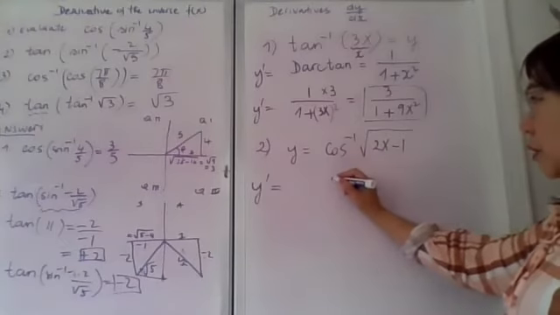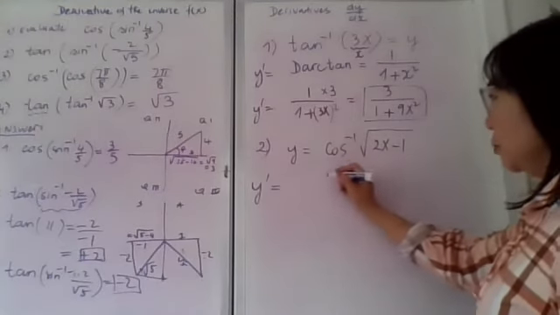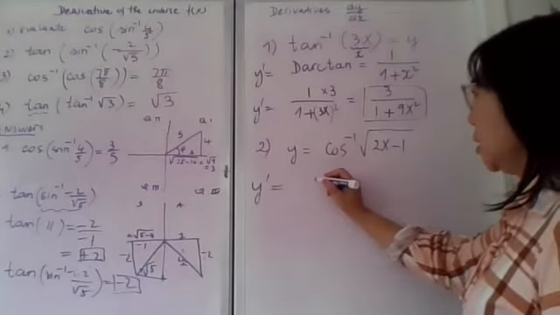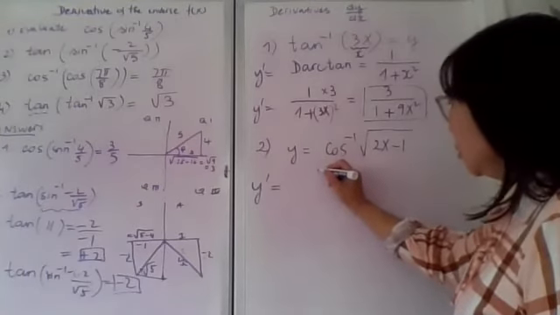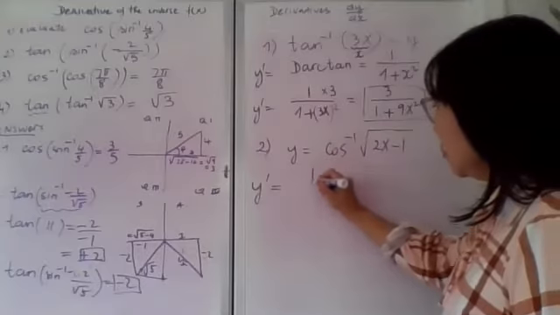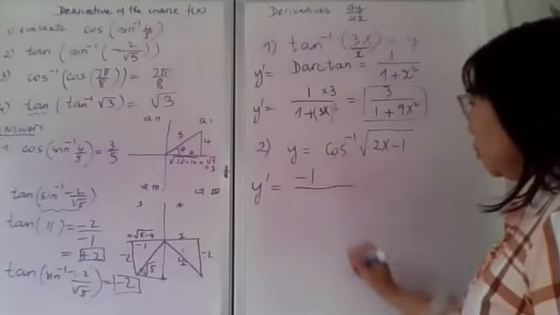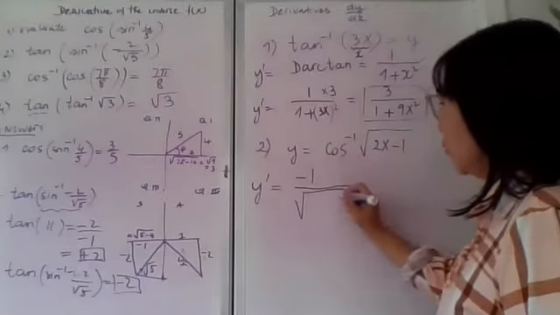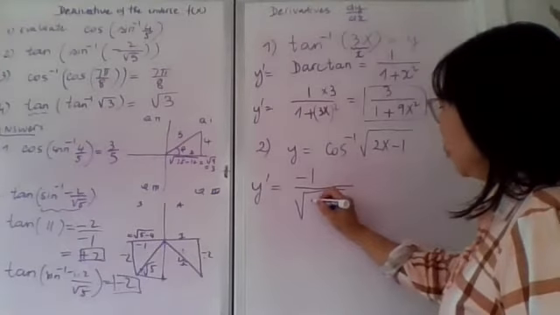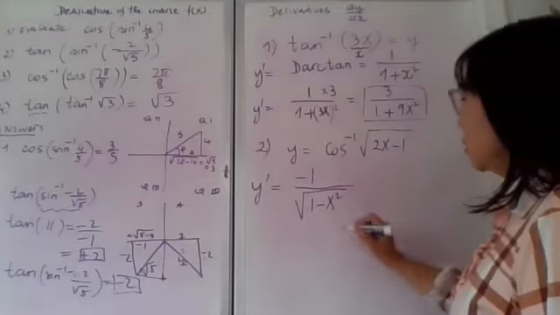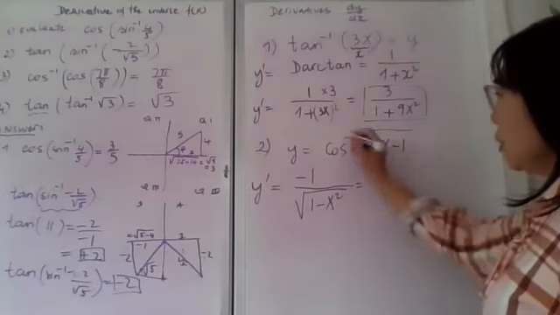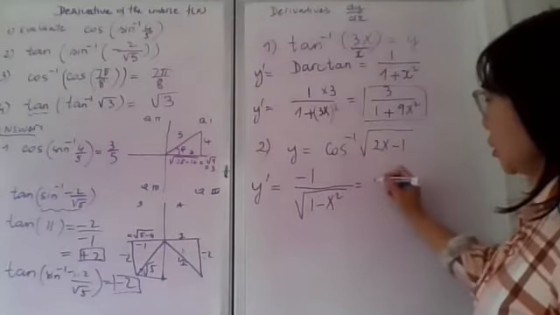I remember the formula, but if you don't remember, you have to look at the formula sheet, which is given to you. The derivative of this is actually not 1, but minus 1 over the square root of 1 minus x squared.